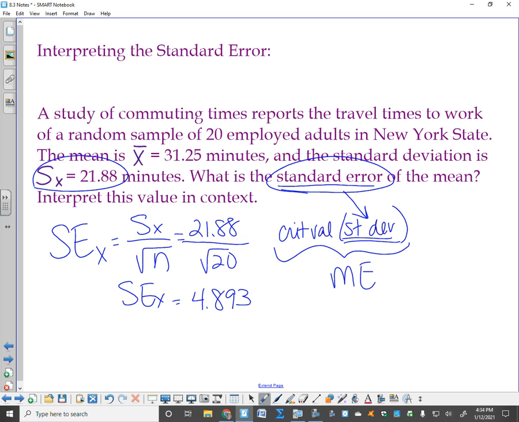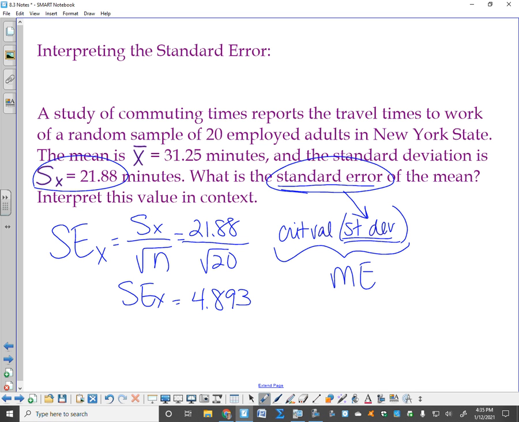Okay, so it's the interpreting where people usually drop the ball. Okay, so listen carefully. I'm going to say this a couple times and then we'll write it. After repeated sampling of size 20, so you have to do it a bunch and they have to all be the same size, the sample mean time will typically vary.